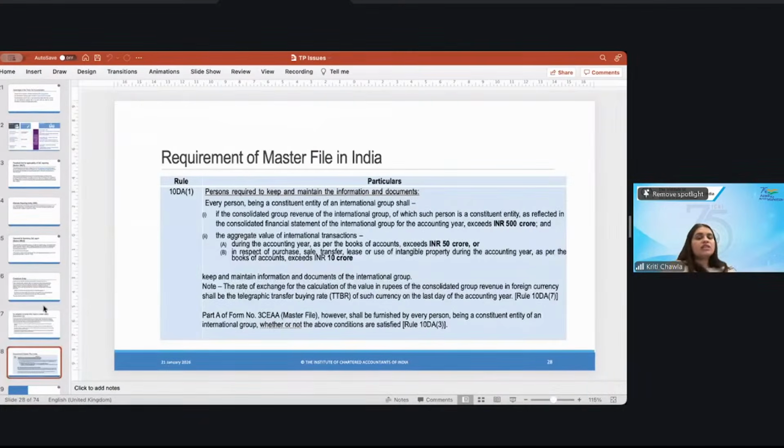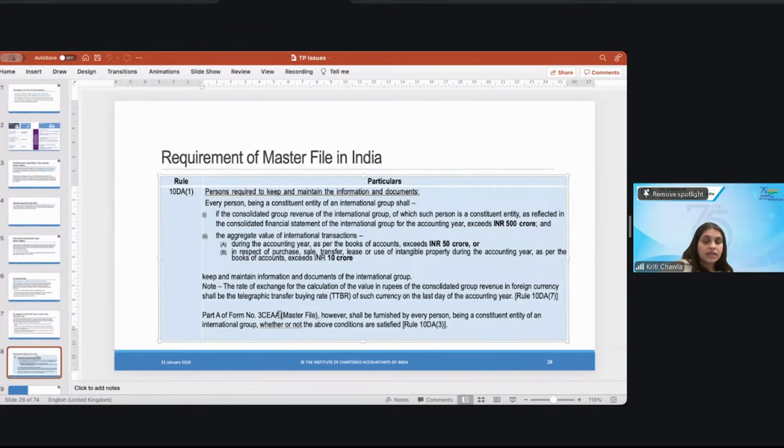Now, when it comes to master file in India, this is Rule 10DA, sub Rule 1, where they talk about master file in India. The form for master file is Form 3CEAA. Double A, that is the form for master file in India. If you read through the form for master file, it has two parts.